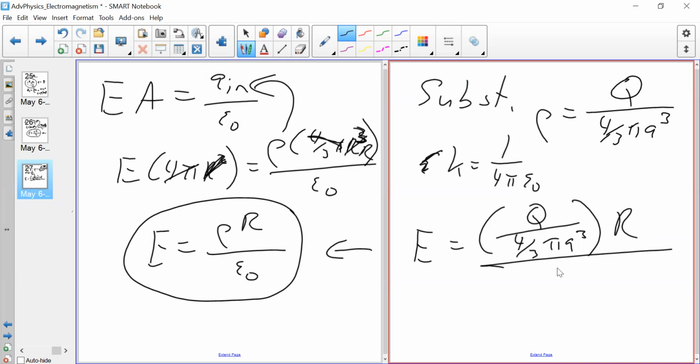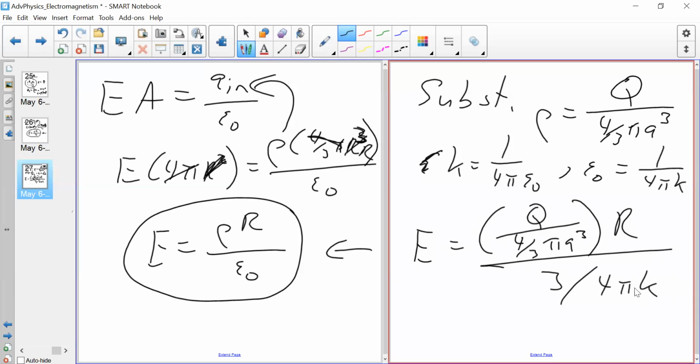And so we know that epsilon naught, I say K is that. So epsilon naught will be 1 over 4 pi K. So then we have 3 over 4 pi K. Because epsilon naught is this, 1 over epsilon naught, maybe we just divide it again.